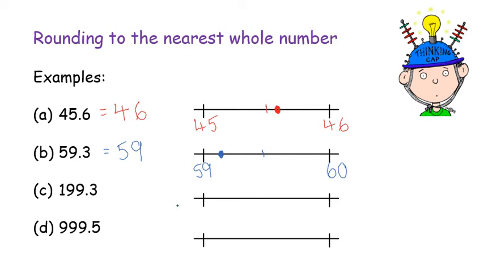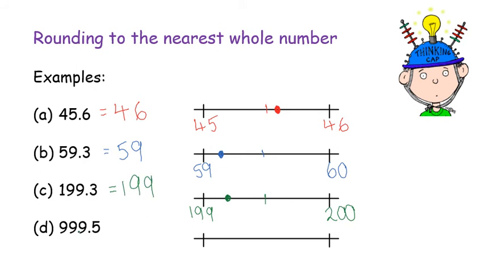Well, we need to decide, is 199.3 closer to 199 or 200? So if this is halfway, 199.5, 199.3 is probably around about here. Okay, so it's obviously closer to 199.